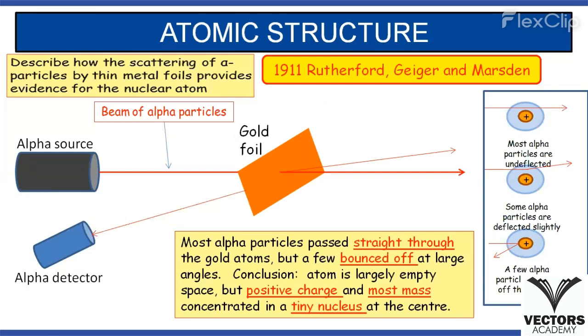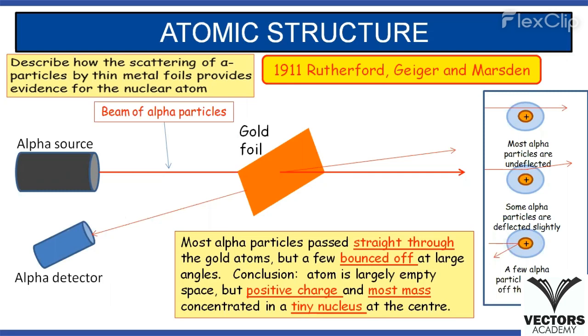Atomic structure, 1911, Rutherford model. Now, here we understand the scattering of particles, which helps us understand the atomic structure in better detail. What Rutherford did was allow a beam of alpha particles to pass through a gold foil, and he figured out how the particles would react or bounce back.